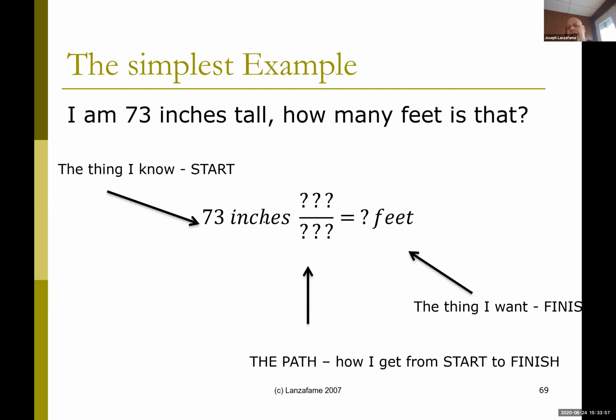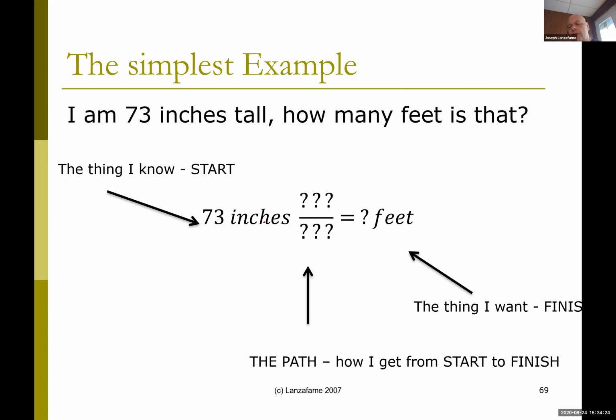In this particular case, the thing I know is my height in inches, 73 to be exact. And I want my height in feet. There's a unit I'm starting with that I don't want for whatever reason, and there's a unit I do want, feet, for whatever reason. In this case, since they're both units of length, it is strictly editorial.